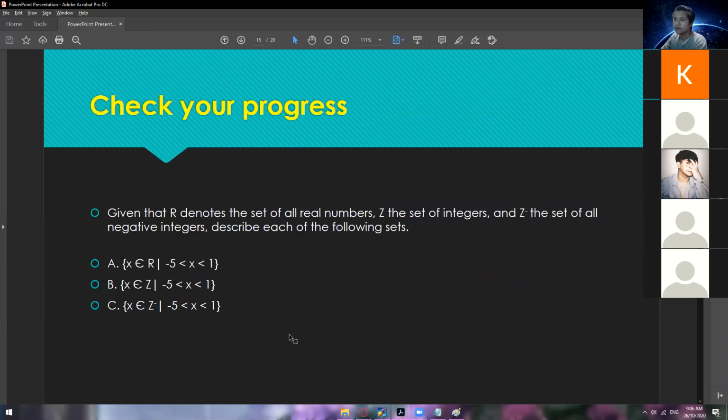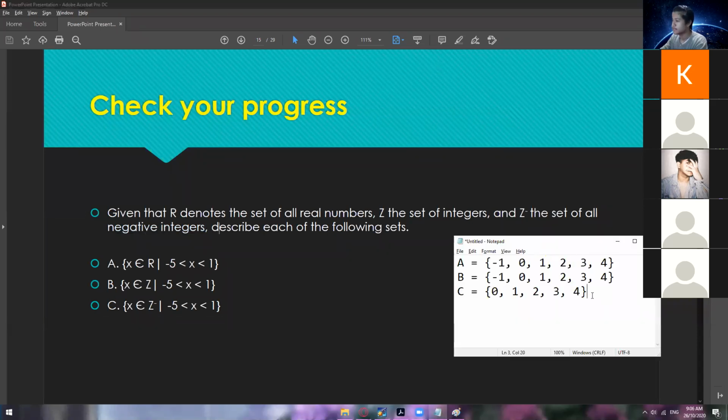So sagutan natin to. Given that R denotes the set of all real numbers, and then Z is a set of all integers, and then Z minus is a set of negative integers. So describe each of the following sets. What is the answer in letter A, or what are the elements of letter A? Anyone who wants to volunteer?